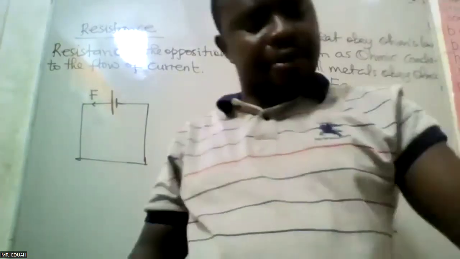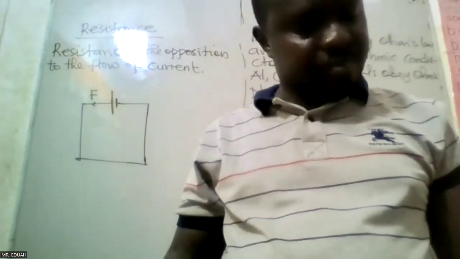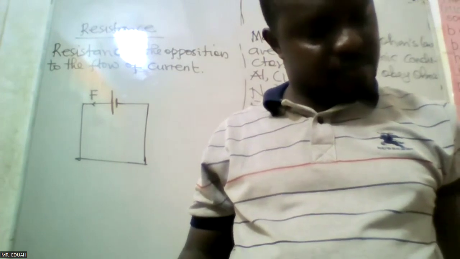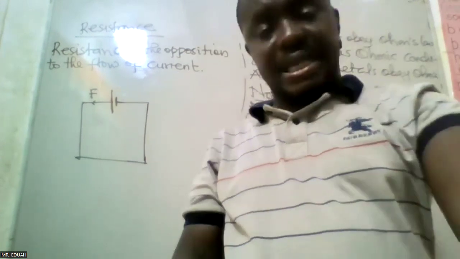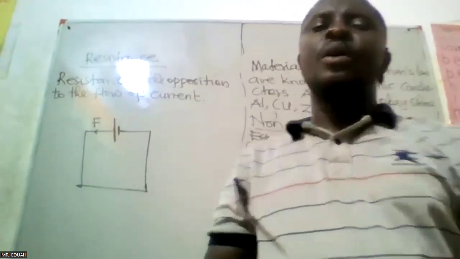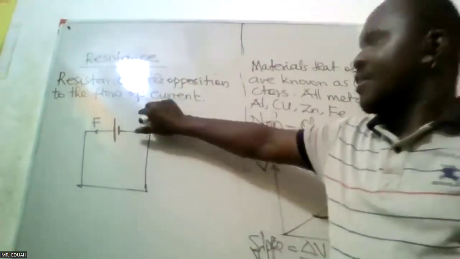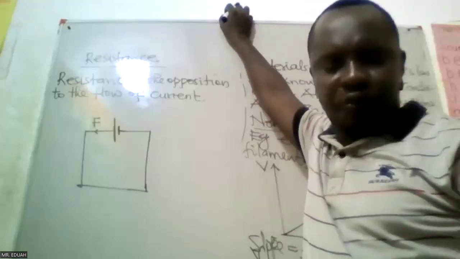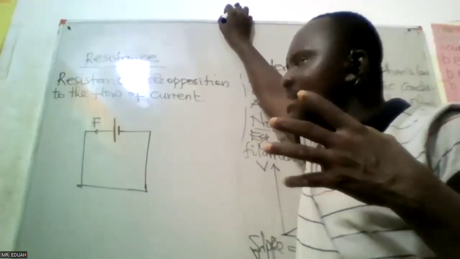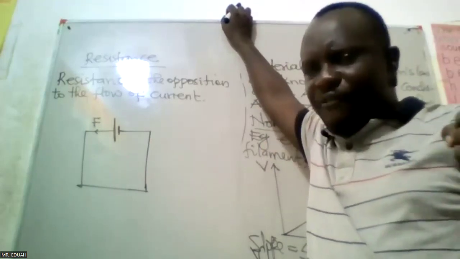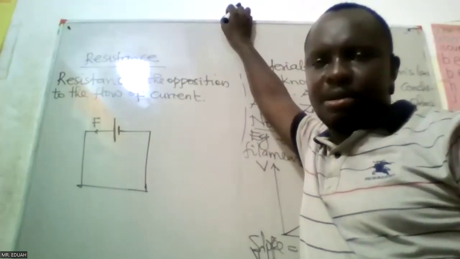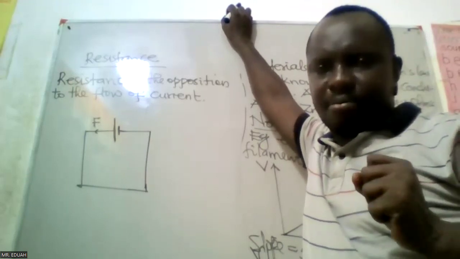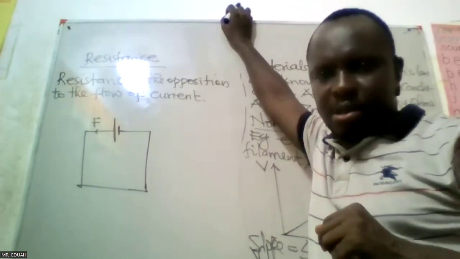But the funny thing is that whenever you connect a source of EMF to a wire, the moment the source of EMF imposes a force in the circuit, the wire begins to heat up because of the force.